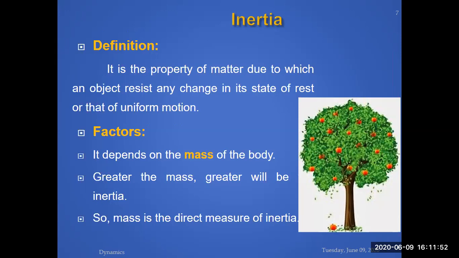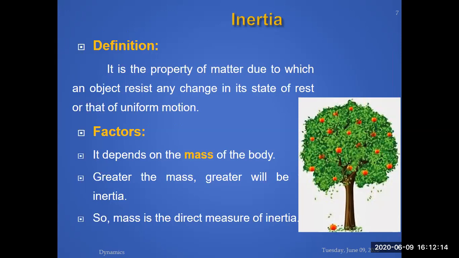But when the bus suddenly starts moving, your lower portion becomes in motion with the bus. But due to inertia, your upper portion was at rest, so it takes time to transfer the motion. The upper portion wants to stay at rest due to inertia, so that's why it falls backward.